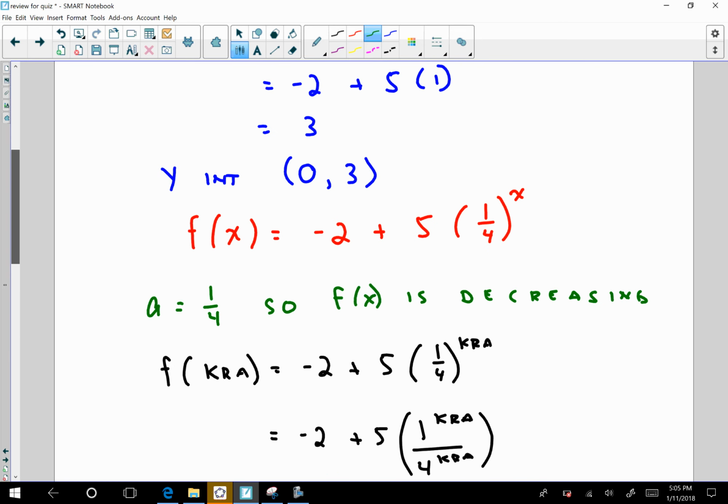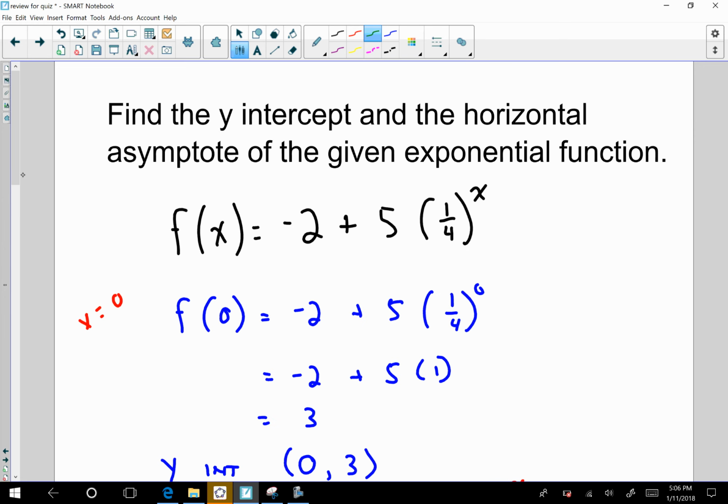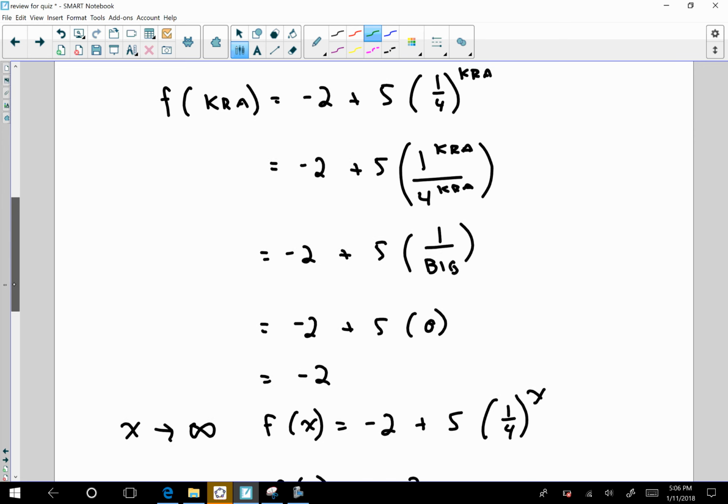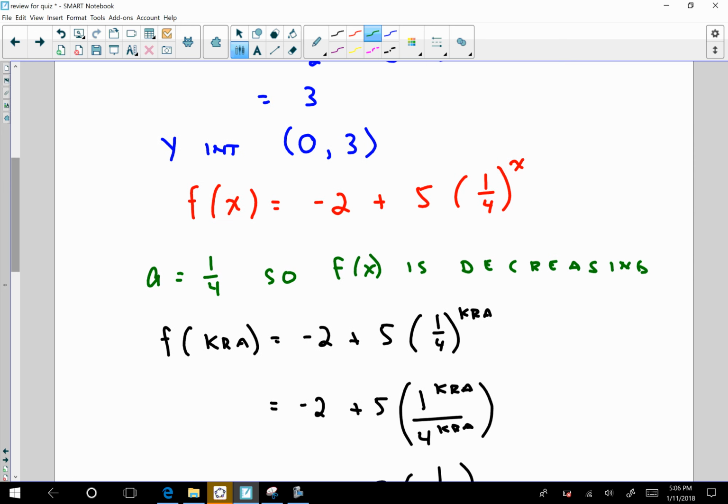Next thing I want to do is to find the horizontal asymptotes. And I notice here that I have this in a to the x form. And I see that a is equal to 1/4. So f of x is a decreasing function.